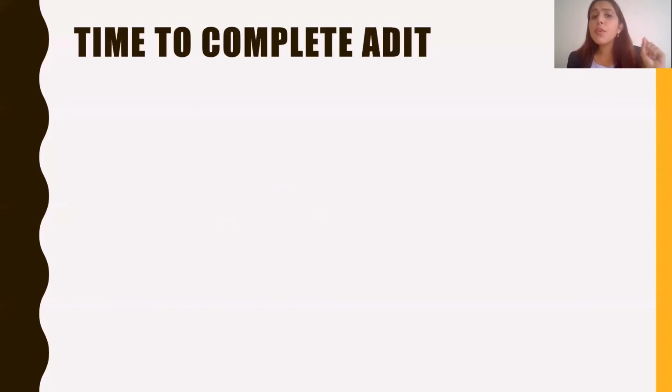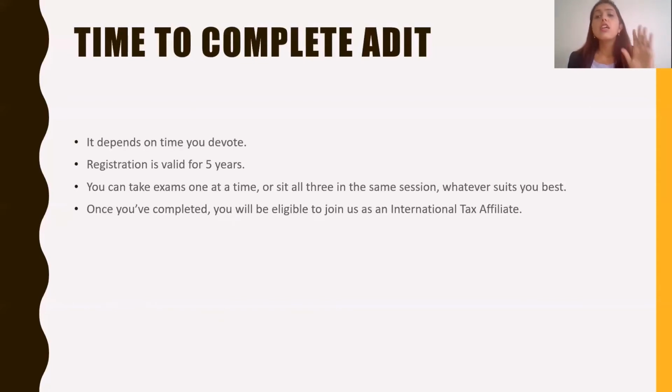Now, what is the time to complete ADIT? It all depends on you, on the dedication you put in, the time you put in, and the experience you have. The registration is going to be valid for 5 years. At one point in time, you can appear for all 3 at one go, or you can appear for 1 at a time.